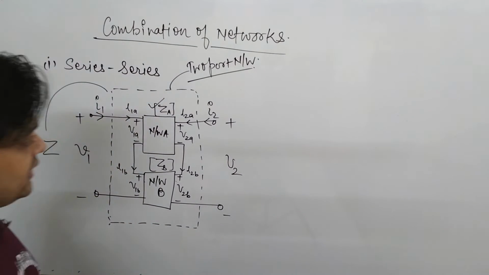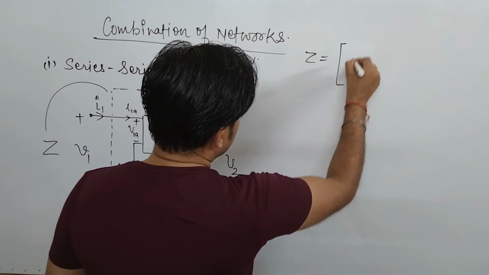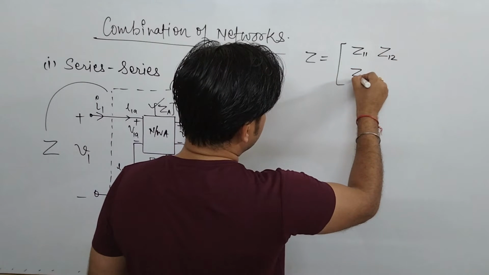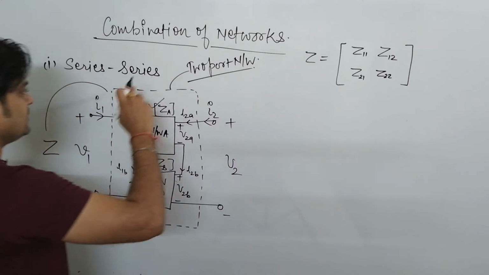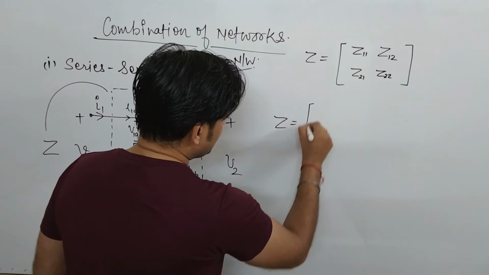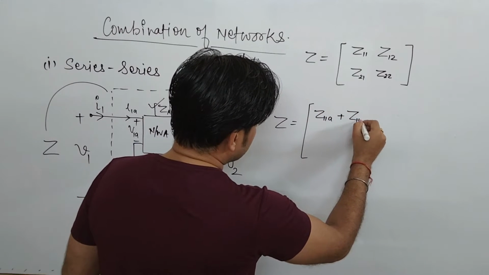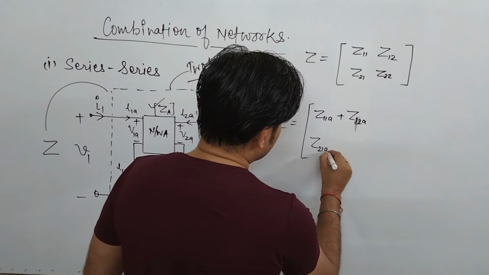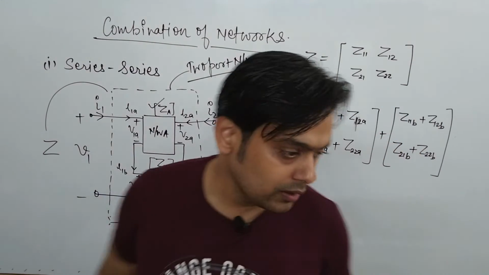From here you can directly write the expression for Z. This Z parameter is Z11, Z12, Z21 and Z22, the Z parameter of this entire network, and it is the sum of the two networks' parameters.